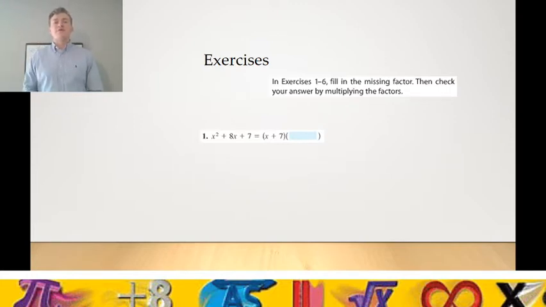Recall that if you are factoring something, you are just rewriting some expression as the product of two or more things. The number 12 can be rewritten as the factorization of 4 times 3, as 2 times 6, even 2 times 2 times 3. Here we have the trinomial x squared plus 8x plus 7. We want to rewrite this trinomial using factorization.